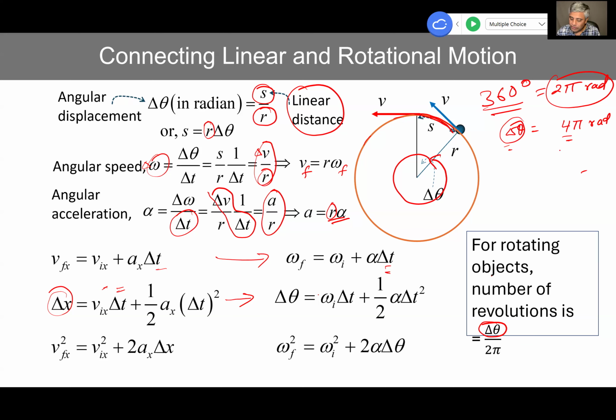If you divide this by 2 pi, this becomes 2. So the number of rotations is 2. If you are asked to find the number of rotations, you still find delta theta and divide that by 2 pi. That's going to give you the number of revolutions or rotations. So this is a kinematic equation, folks.